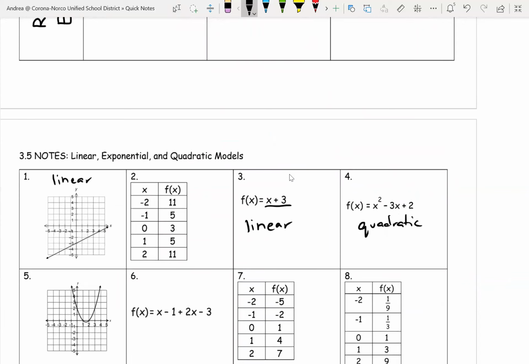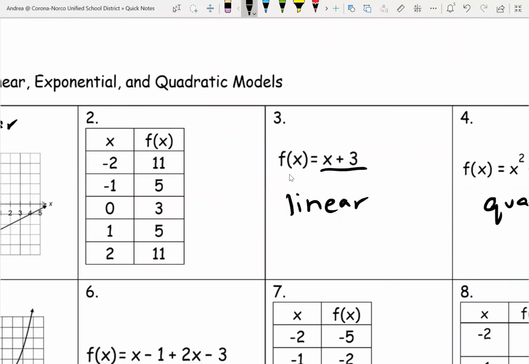Okay, let's look at this ordered pair. In order to determine if this is linear, quadratic, or exponential, we need that first difference. So from 11 to 5, I subtracted 6. From 5 to 3, I subtracted 2. From 3 to 5, I added 2. From 5 to 11, I added 6.